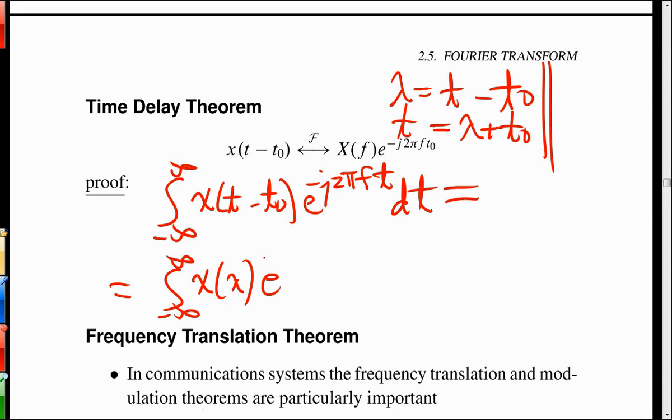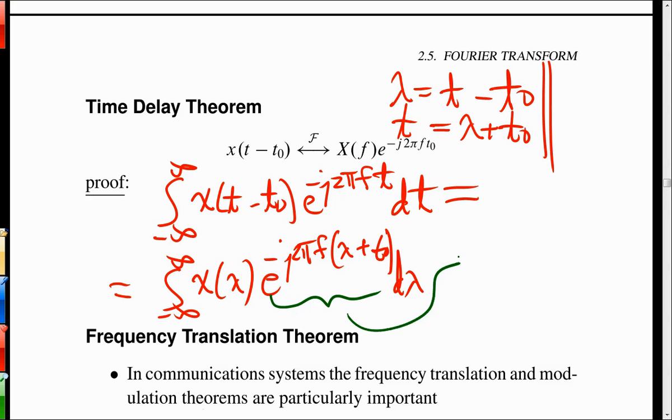And then I have this e to the minus j 2 pi f of t, not t, but lambda plus t naught d lambda. But then I can do some factoring on this guy, break that apart. And when I break it apart, I'm just going to sort of throw it off to the side here.